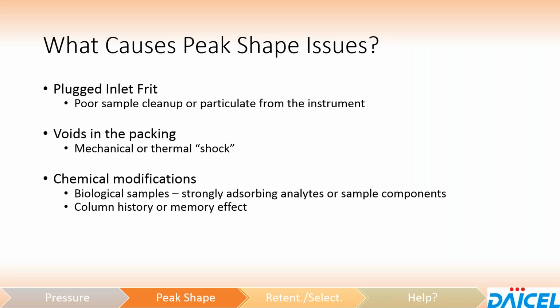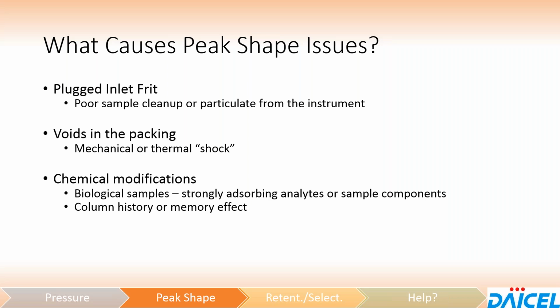So if you're injecting biological samples, for instance, there can be some strongly adsorbing analytes or sample components that are causing some interesting changes in the chromatography. And column history or memory effect can also cause peak shape issues as well. Memory effect in particular has some dramatic effects with the coated phases.